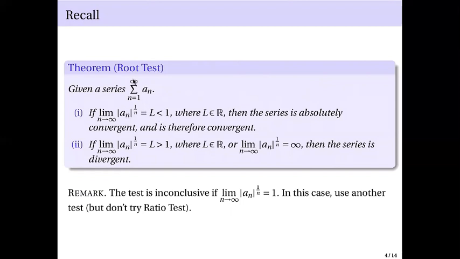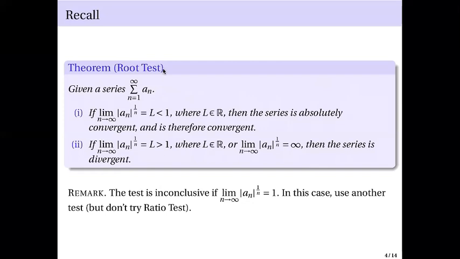Then the series an is absolutely convergent and is therefore convergent. If the limit of absolute value of an raised to 1 over n is a real number that is greater than 1 or is plus infinity, then the series an is divergent.